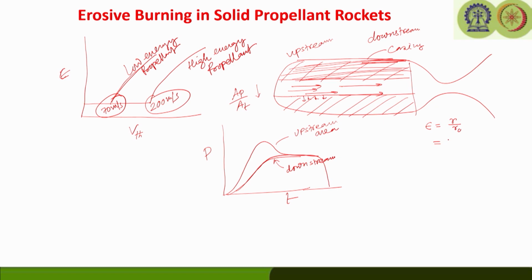In literature, sometimes it is written in terms of 1 plus K into Ug minus U threshold, where R, we said, is the erosive burning rate, or we can denote it as Re also. Re is the erosive burning rate.